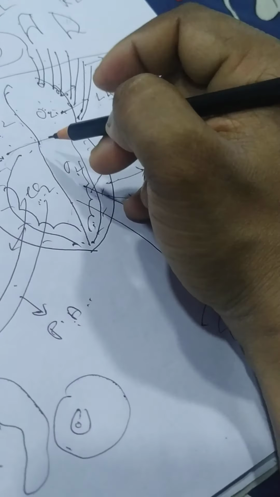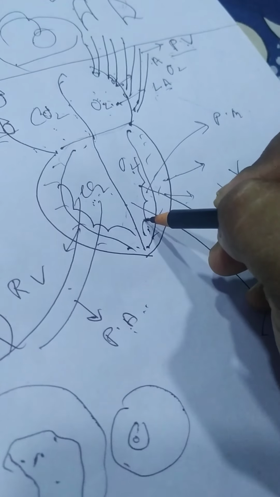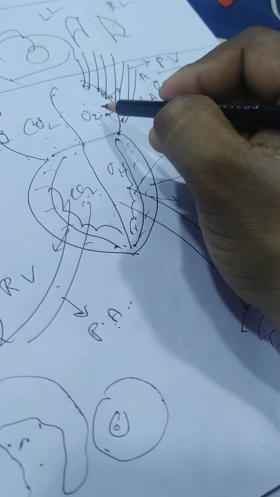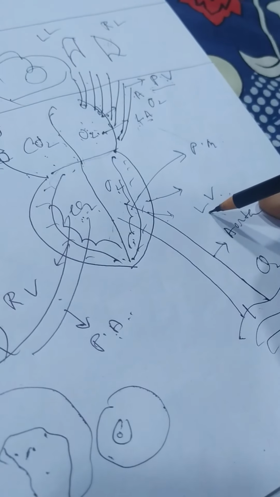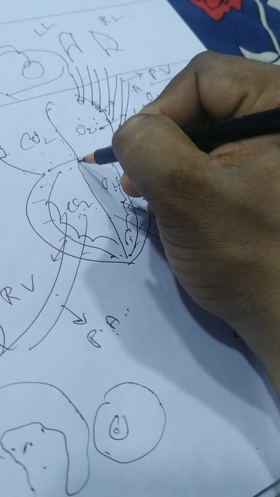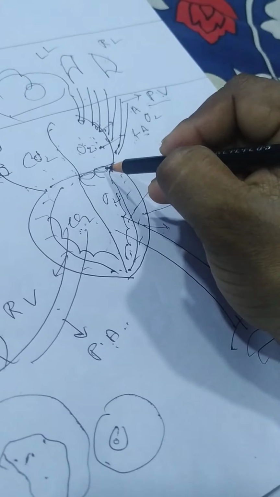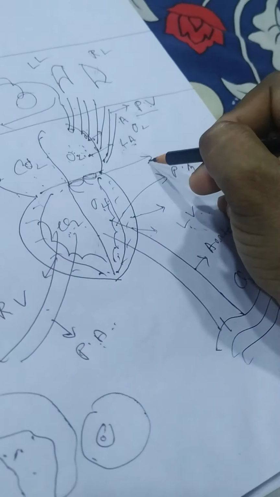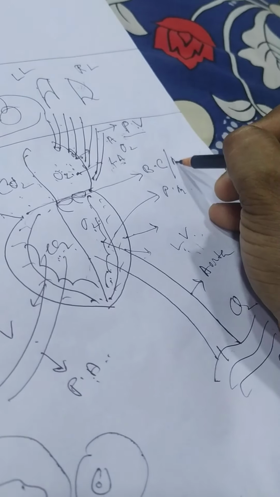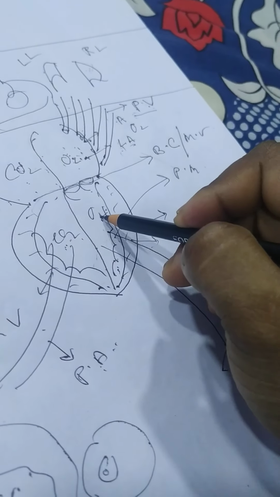And the ridges in the papillary muscles are called columnae carneae. Between the left auricle and left ventricle, there are two valves, called the bicuspid valve or mitral valve. It opens downwards.